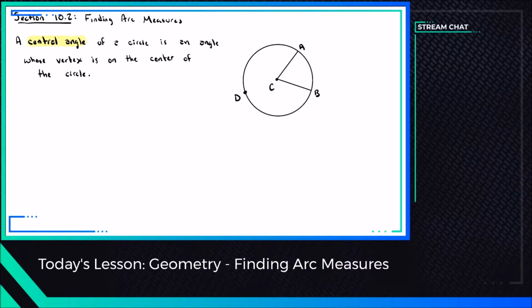So we can go ahead and highlight that here. This in green is going to be our central angle. And notice that there's an interior to this central angle and an exterior.